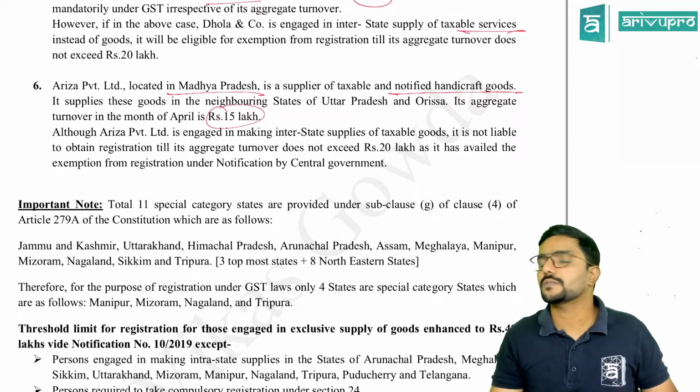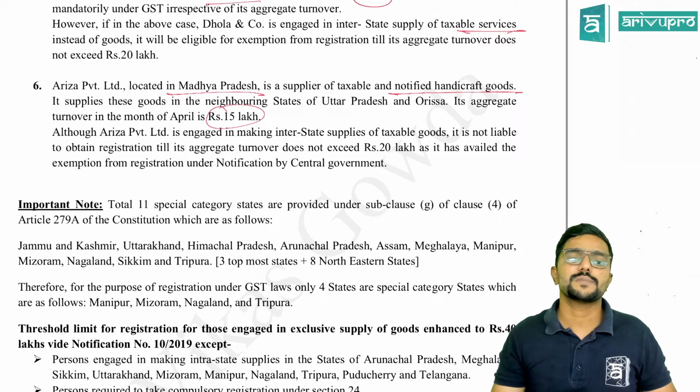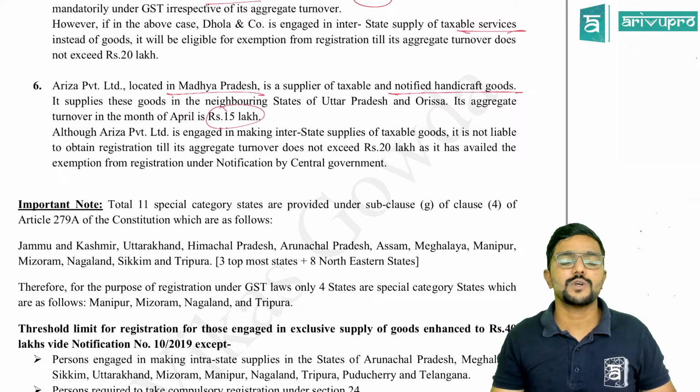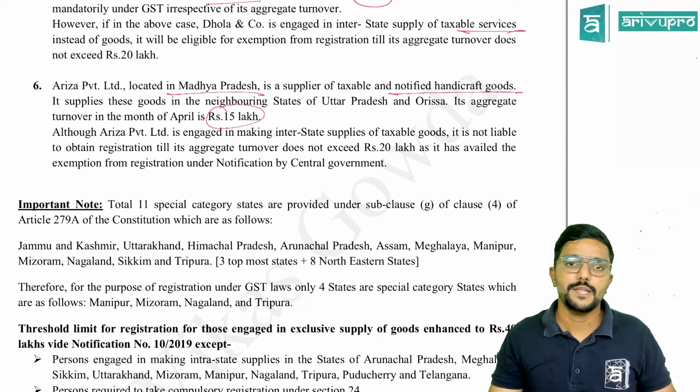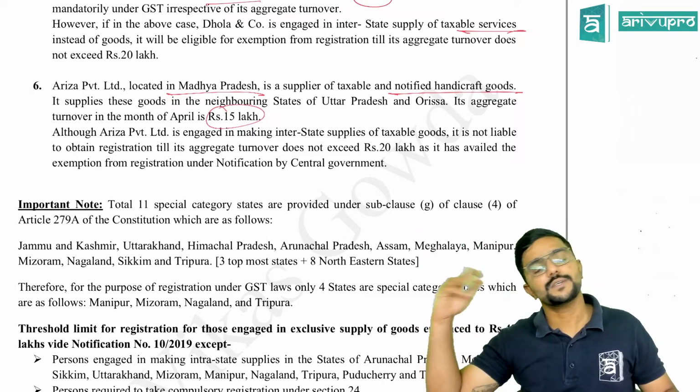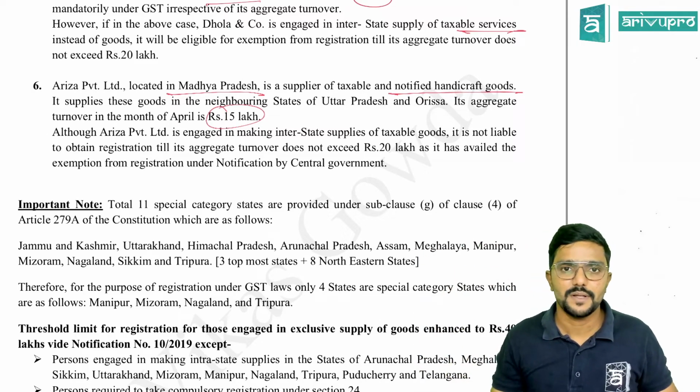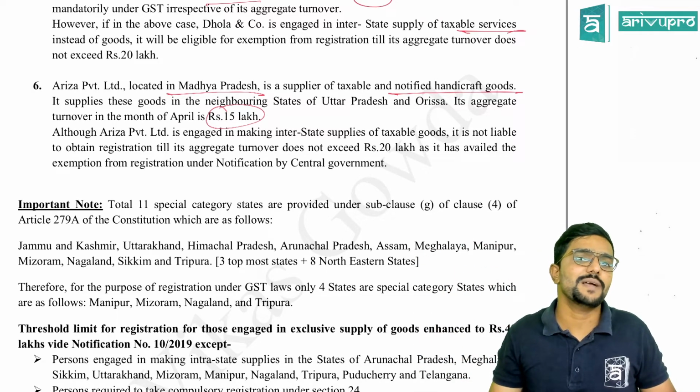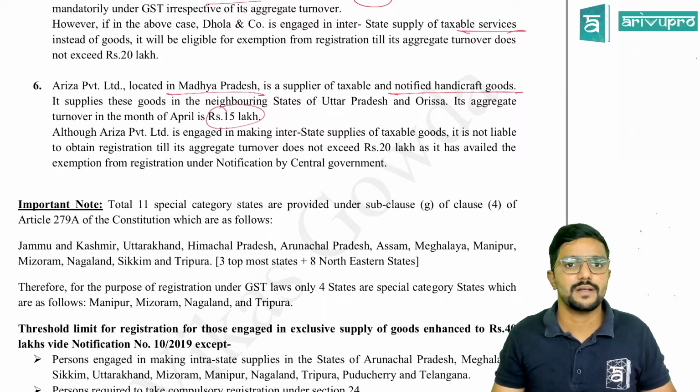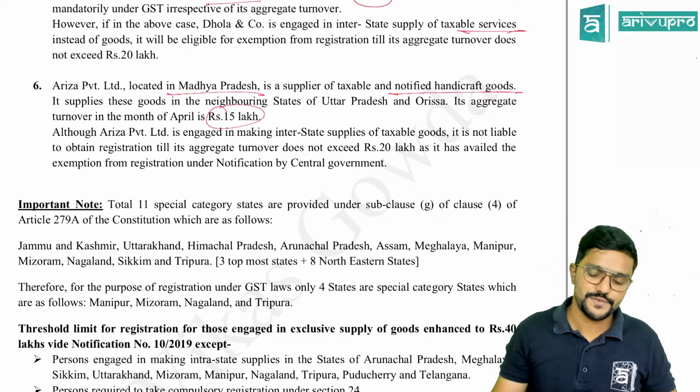Should you get registered? No, sir. As I am supplying notified handicraft goods outside the state, for me, the limit is applicable. If I am supplying any other goods, yes, you have to get registered mandatorily. But for handicraft goods and goods made by craftsman, exemption has been given as per section 23. Clear, guys? Yes.